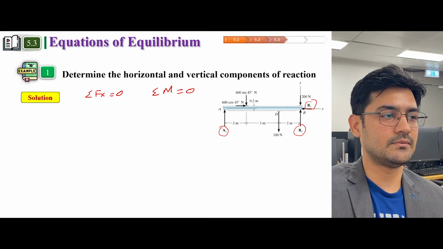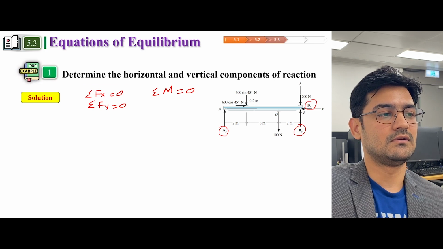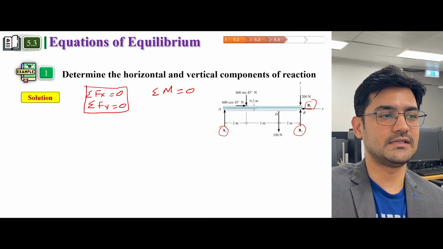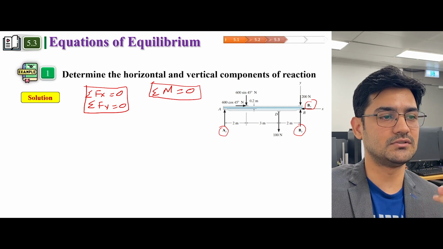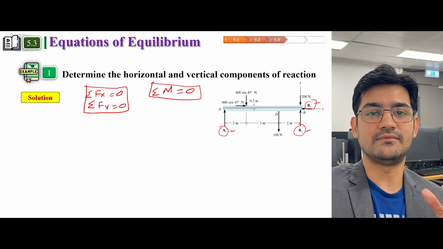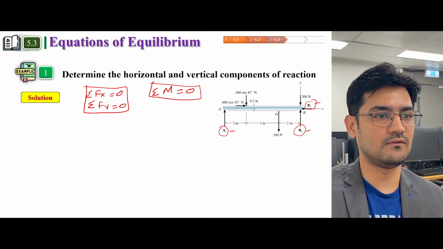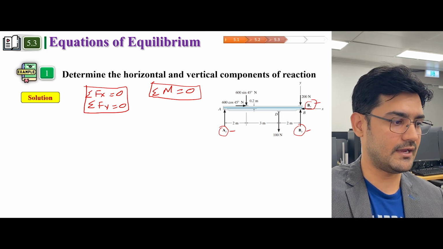The first two are for the summation of forces and the last is for the summation of moments. So we have three equations and three unknowns, so we can solve this and find Ay, By, and Bx.